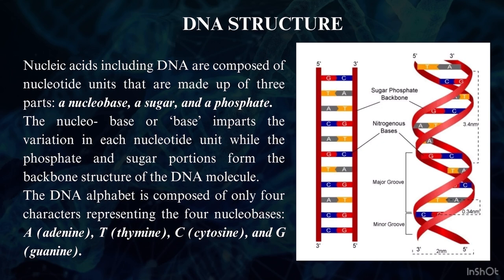The nucleobase, or base, imparts the variation in each nucleotide unit, while the phosphate and the sugar form the backbone structure of the molecule. The DNA alphabet is composed of only four characters, representing the four nucleobases. A represents adenine, T represents thymine, C represents cytosine, and G represents guanine.